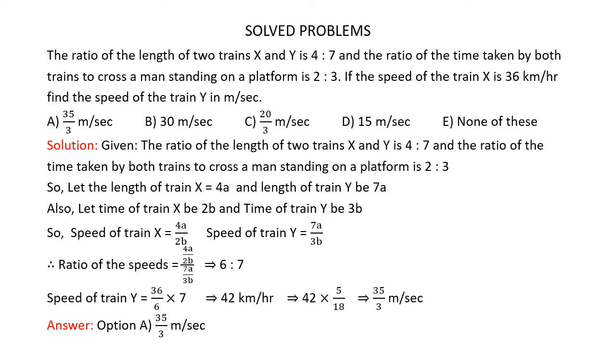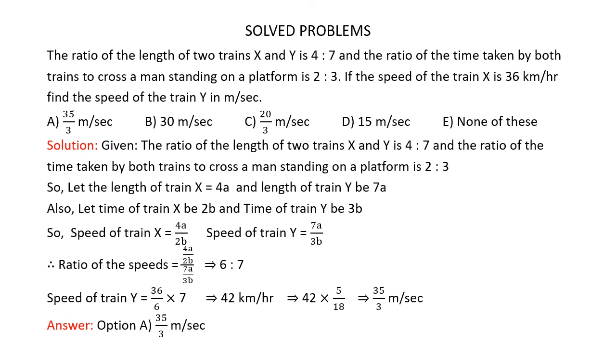We know that speed of a train is equal to distance divided by time. So speed of train X is equal to 4a divided by 2b, and speed of train Y is equal to 7a divided by 3b. So now the ratio of the speeds of train x and y is equal to 4a by 2b divided by 7a by 3b.